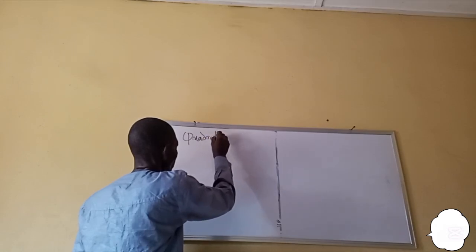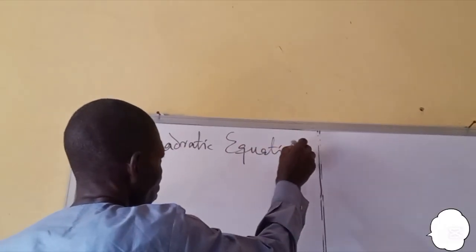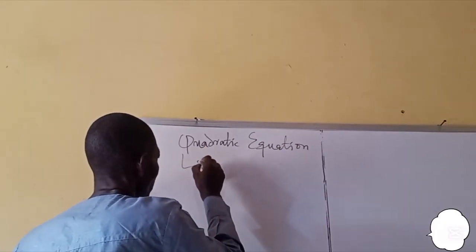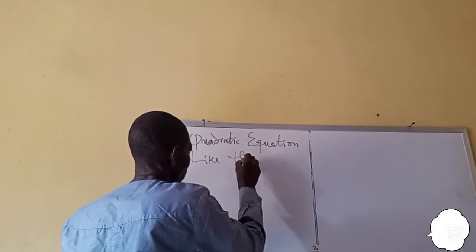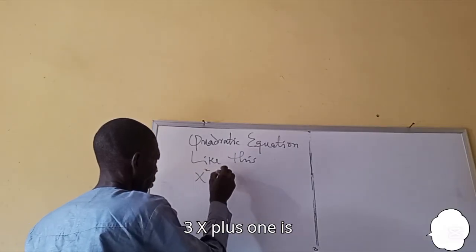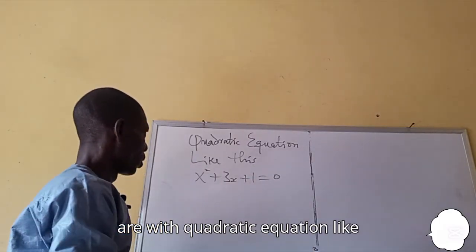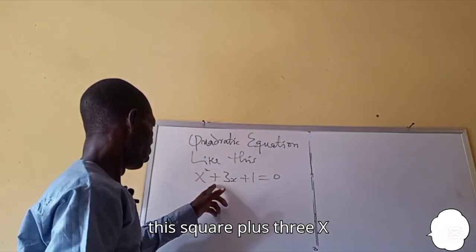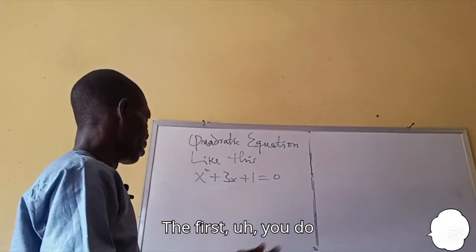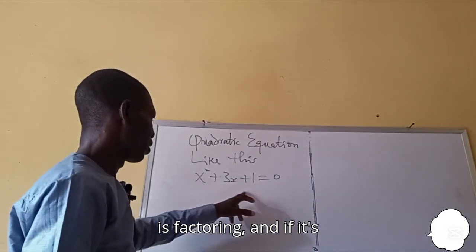When you have a quadratic equation like this, x squared plus 3x plus 1 is equal to 0, the first thing you do is to check if this is factorable.